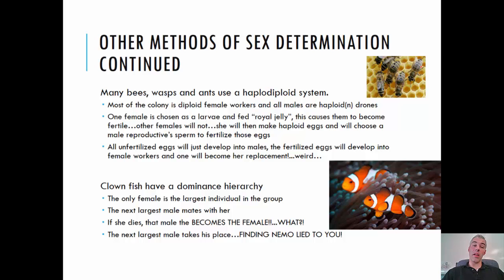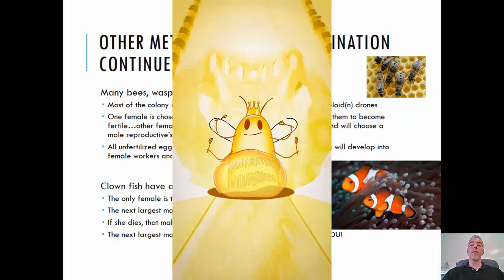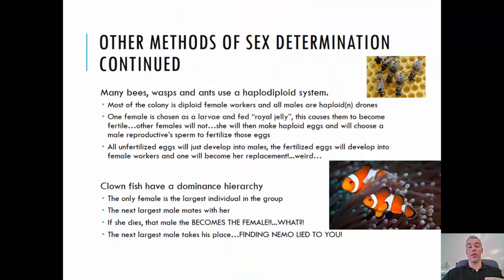So one female actually gets chosen by the hive to be the queen, and she is fed lots and lots of food. It's called royal jelly. So if they're fed enough, they will actually become fertile, where all the other females will not be fertile. The workers are not fertile because they're not fed this royal jelly.